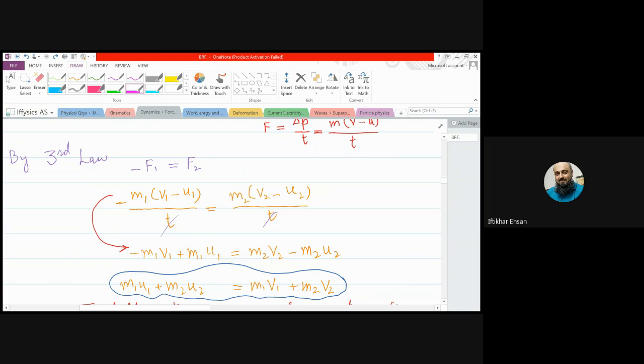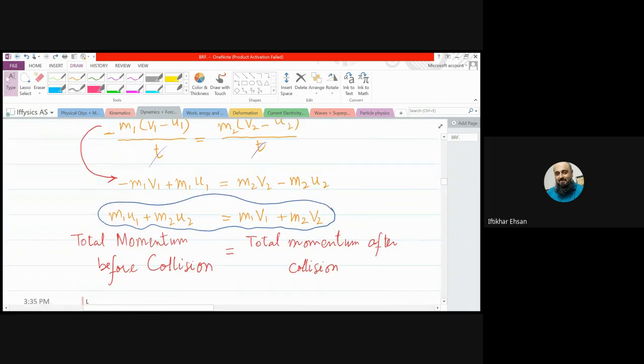Similarly, we put the values of v on the other side, so minus m1 v1 will become positive on this side, right? So beta, this is the formula. Isn't this the formula we were using in the questions discussed before? We have used this formula in O level as well, but here we are also doing its derivation.